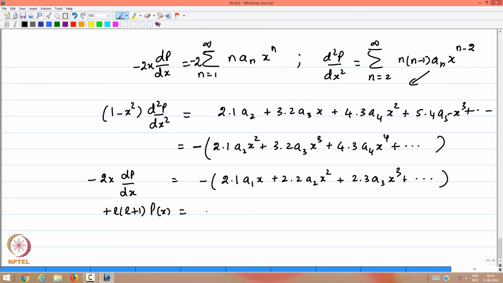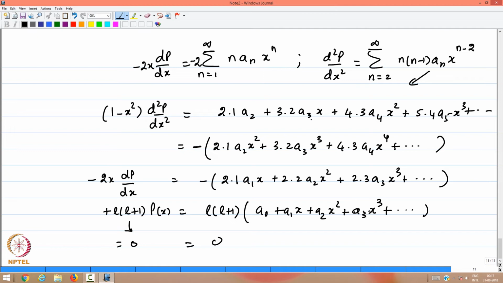So, this is L into L plus 1 times a naught plus a1 x plus a2 x square plus maybe one more term a3 x cube plus so on. So, all of this added together gives you 0. Okay. Therefore, the usual practice that we have followed is that the coefficients of individual powers of x, each one of the set of coefficients, goes to 0.